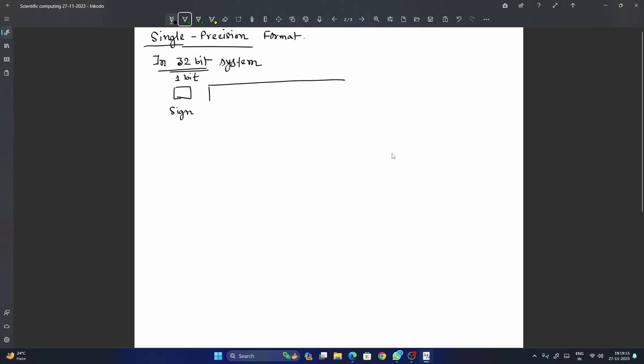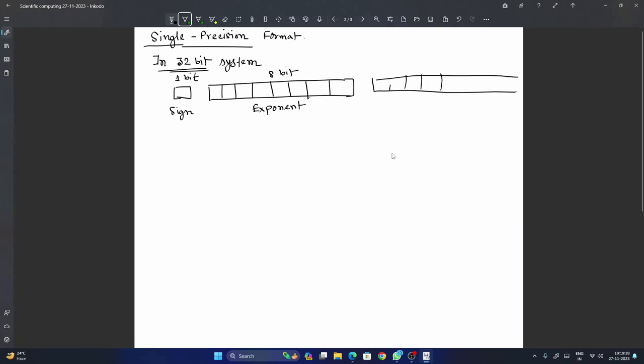Then after that, a total of 8 bits, 1 2 3 4 5 6 7 8, is for the exponent portion. And after that, the remaining 23 bits are for the mantissa portion.